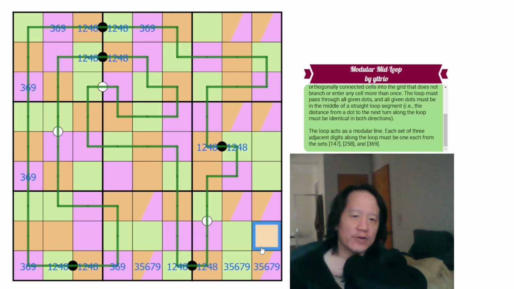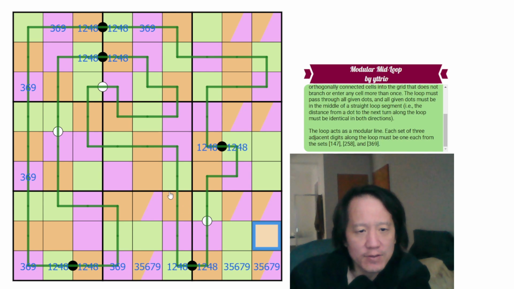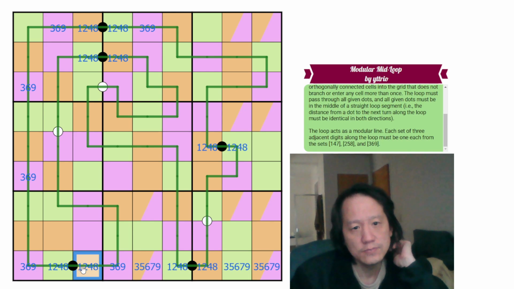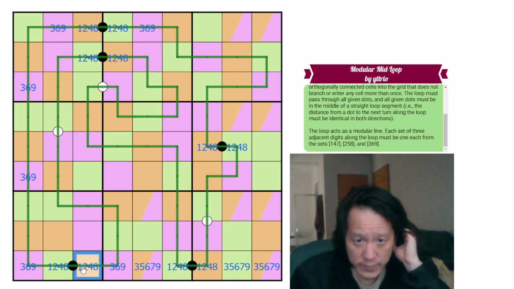We have various colorings. We just don't know what any of them are. Hmm. What else do we have?